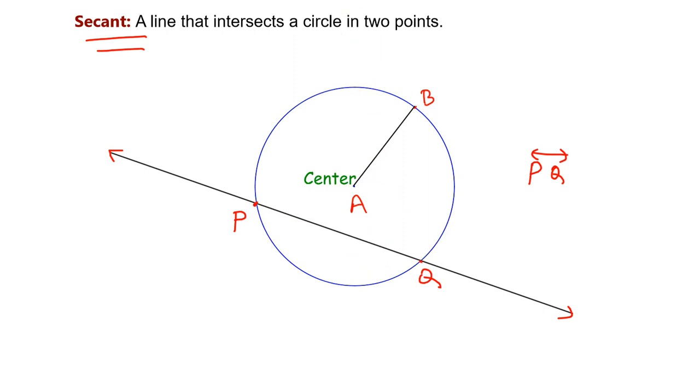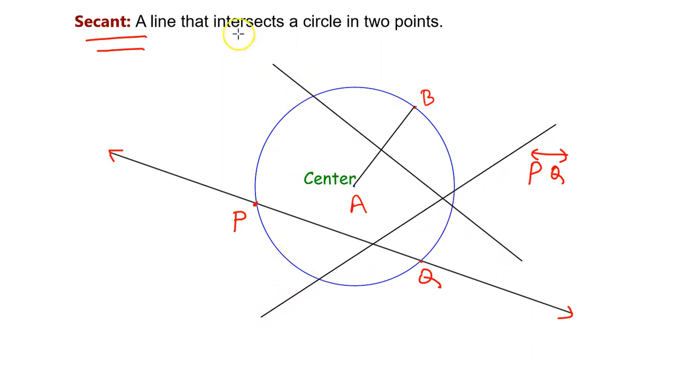Let me draw one more. Here this is another one. This is a secant, that is a secant, because the points of intersection are different. Here these are the 2 points, right? This is one secant, another secant. So that is a secant.